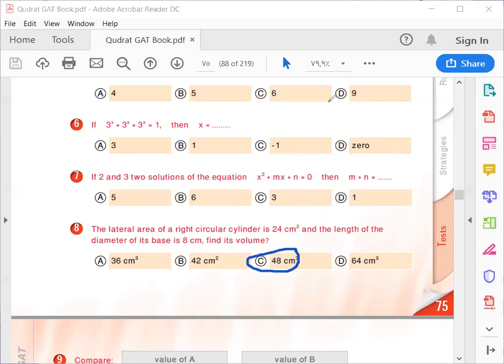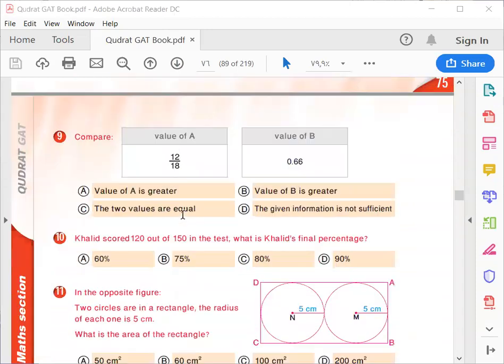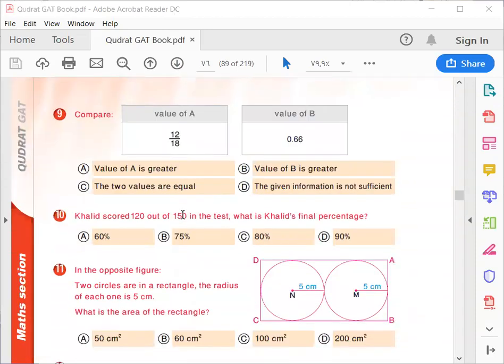Good. So now we will go to the next questions. Here, compare a value of A and value of B. Value of A is 12 over 18 and B is 0.66.